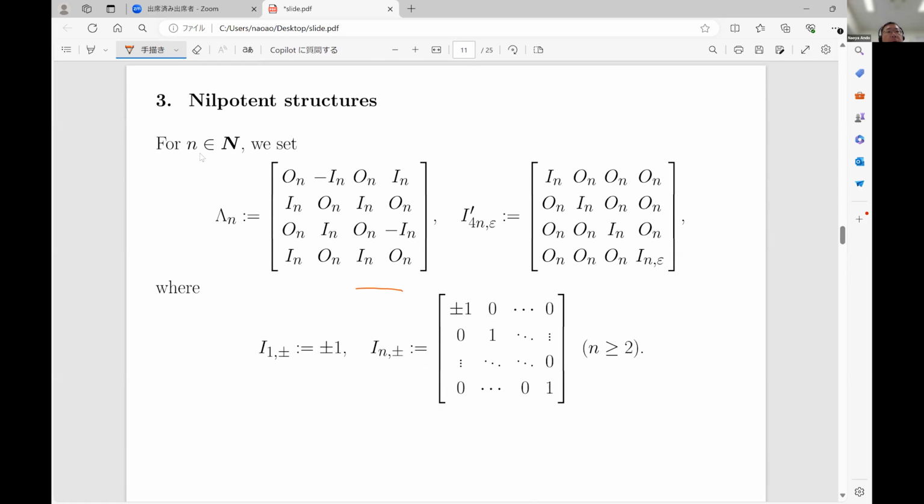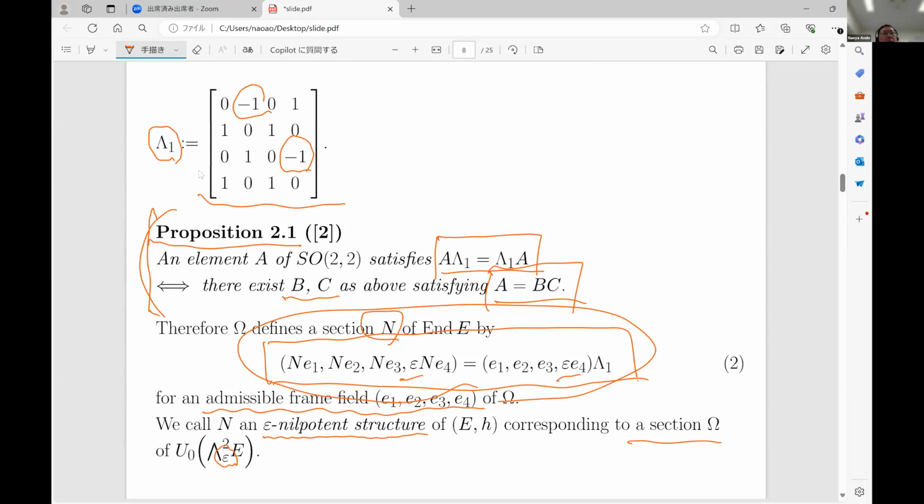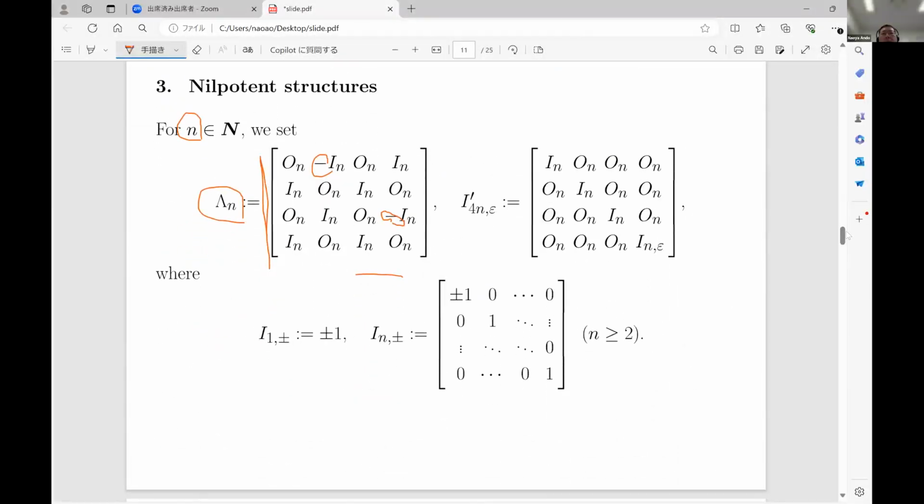Okay. For a positive integer n, we define a square matrix large lambda n of degree 4n like this. Notice that this signature. If n is equal to 1, then this lambda 1 coincides with this lambda 1.